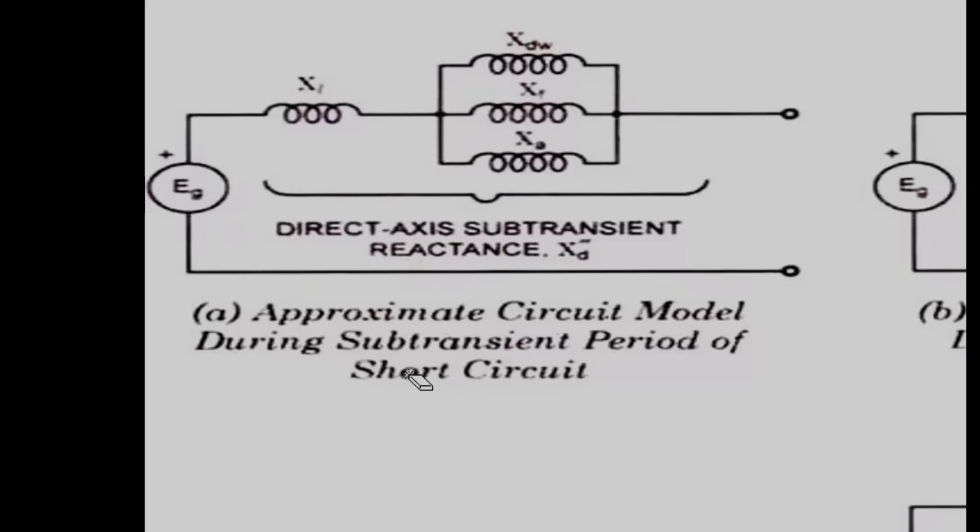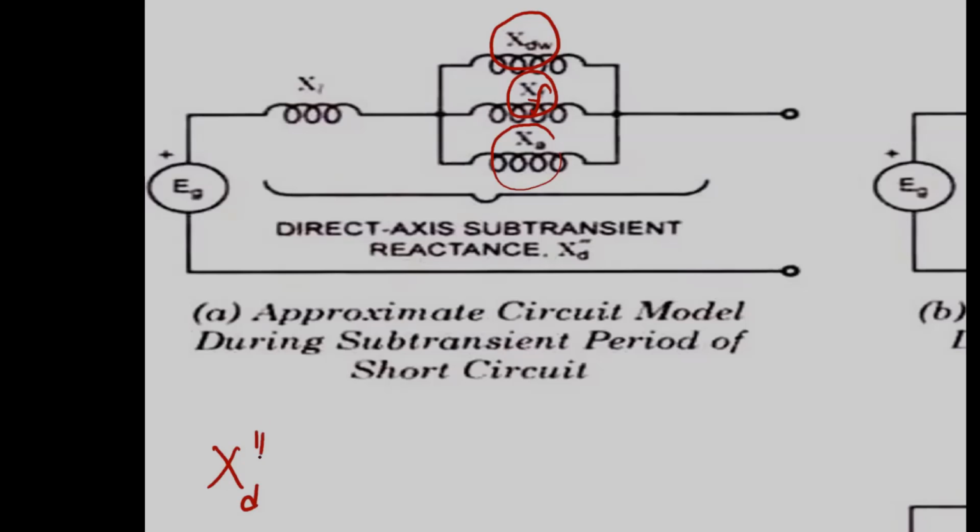To counter this demagnetization, the damper windings and field windings will come to help the main field winding. So here you have damper windings and field windings XF in parallel with the armature windings. And this is the leakage reactance. So the overall reactance is called subtransient reactance.